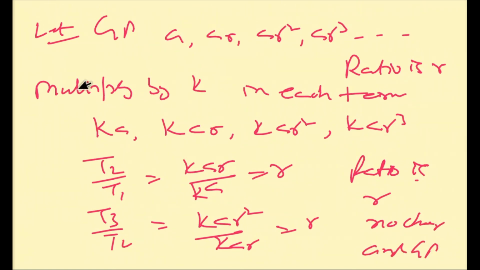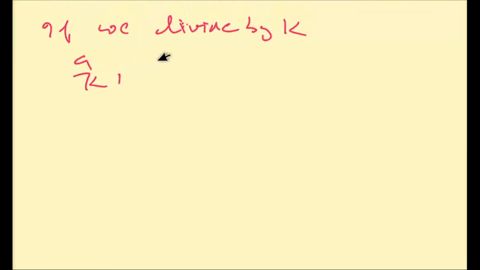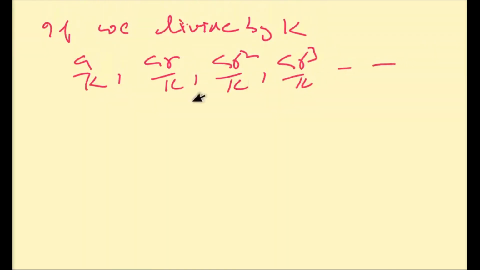Okay. Similarly, if we divide by K, what do we get? A upon K, AR upon K, AR square upon K, AR cube upon K. What can we see here?